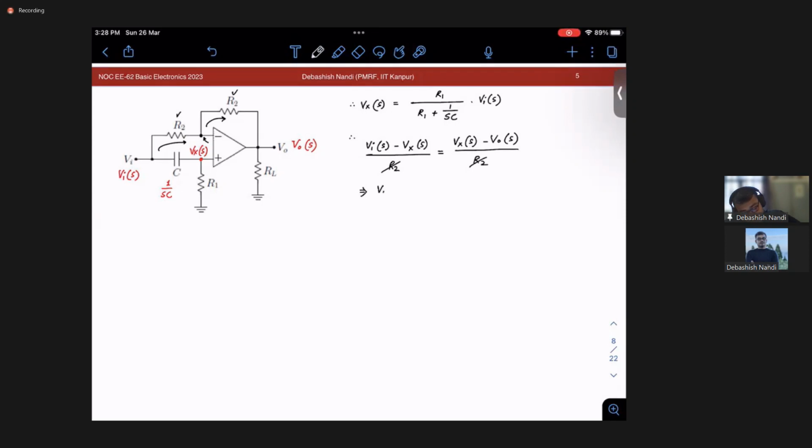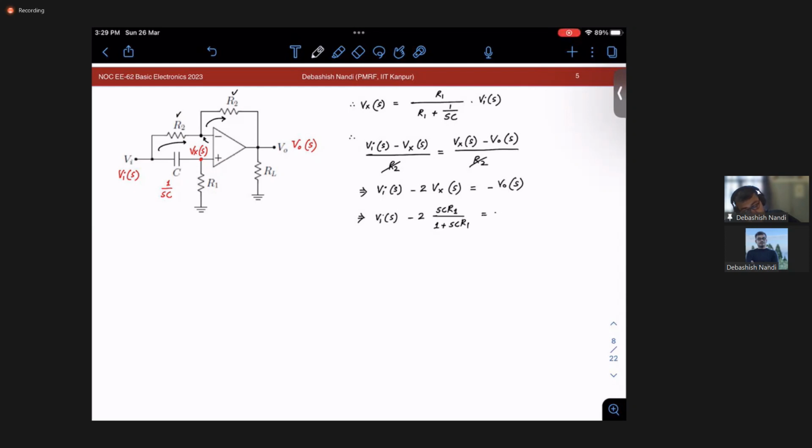I have Vi of S minus 2 Vx of S is equal to minus Vout of S. So what is Vx of S? If you just simplify it, SCR1 over 1 plus SCR1.